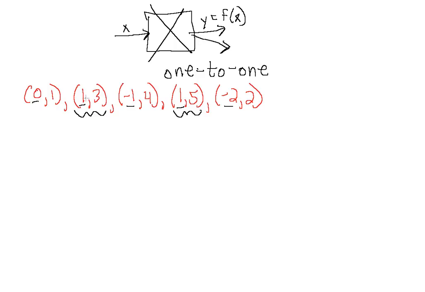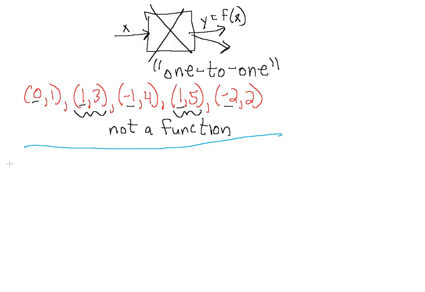So when we have an input of x equals 1 into our machine, we're getting two different outputs. This tells us that we do not have a function. We have a relation, but the relation is not 1 to 1. We have two different y values, or two different f of x values, for the same x value, 1. All right, so this is not a function.